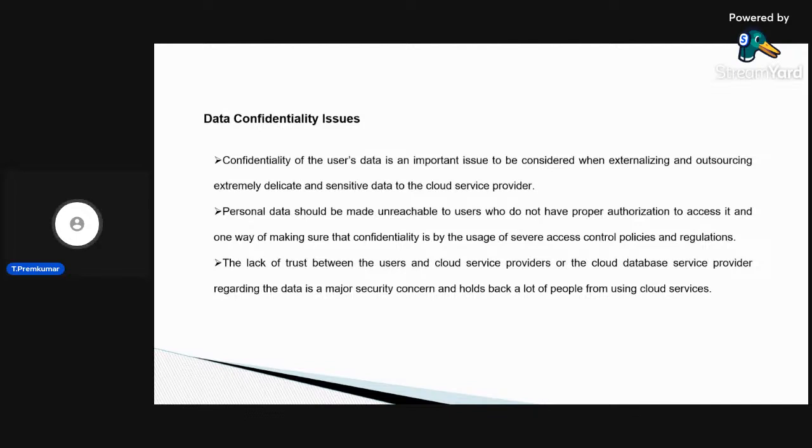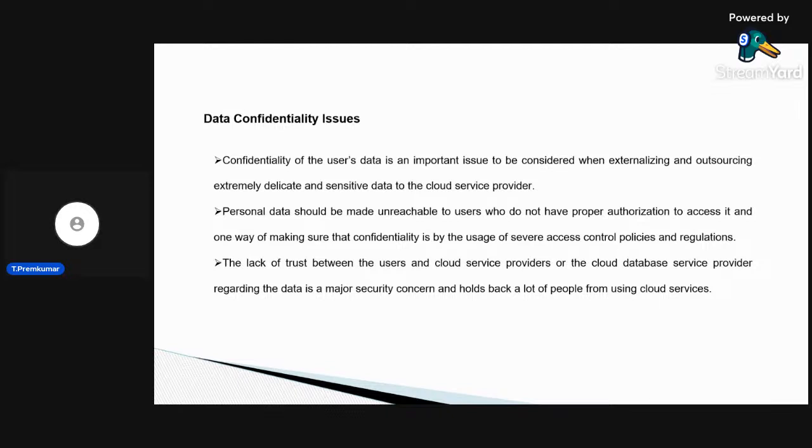Personal data should be made unreachable to users who do not have proper authorization to access it, and one way of ensuring confidentiality is through the usage of severe access control policies and regulations.